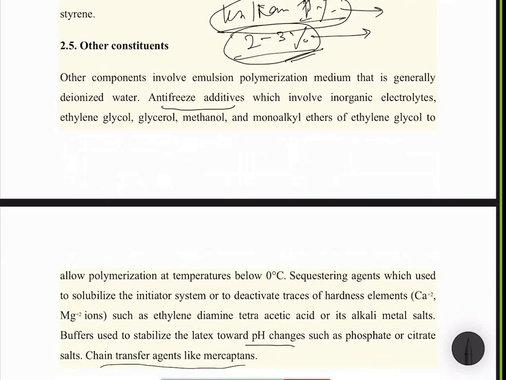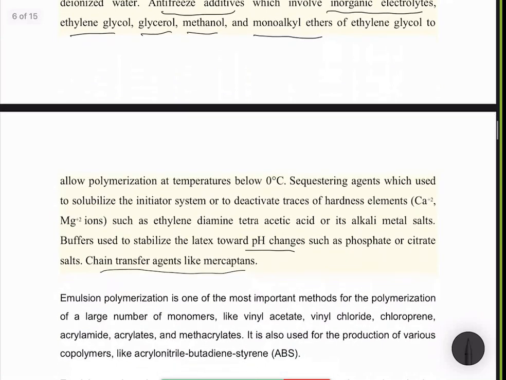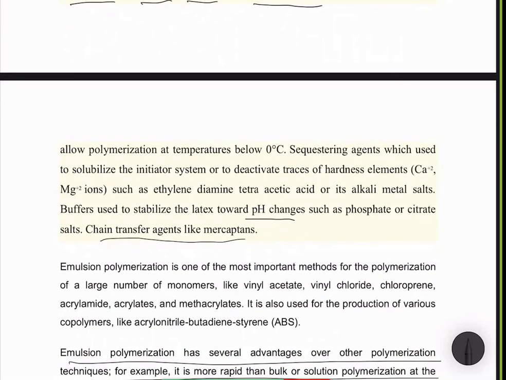So if you opt for low temperature emulsion polymerization, then you must use an antifreeze additive, just like you resist the freezing of petrol in a car by using antifreeze additives. That way you resist the freezing of water during emulsion polymerization by using antifreeze additives, which include inorganic electrolytes, ethylene glycol, glycerol, methanol, monoalkyl ethers of ethylene glycol, etc. Using these additives, you can do polymerization even below 0 degrees Celsius using water as the dispersion medium.